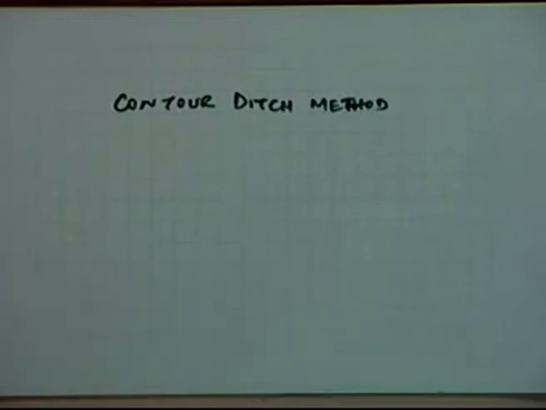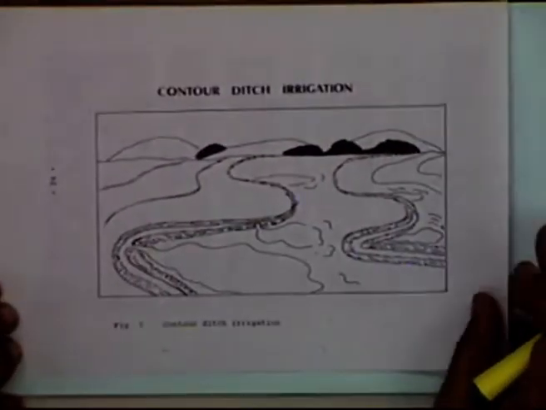Let's first look at, in the case of contour ditch, what type of layout we have and what it is suitable for, in which type of situations.